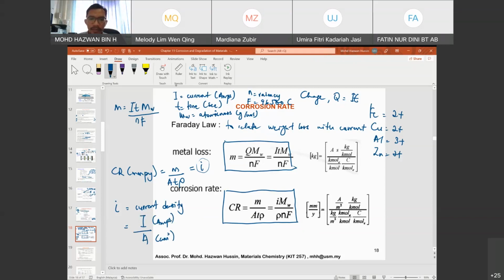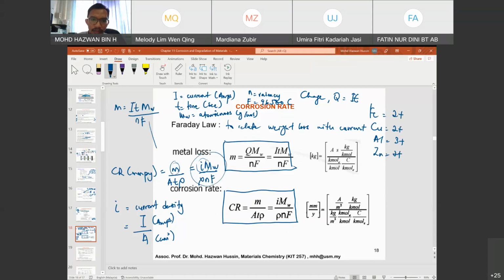Then you can have current density multiplied with MW over rho and F. So how can you get this? Basically, you get this by expanding these terms.